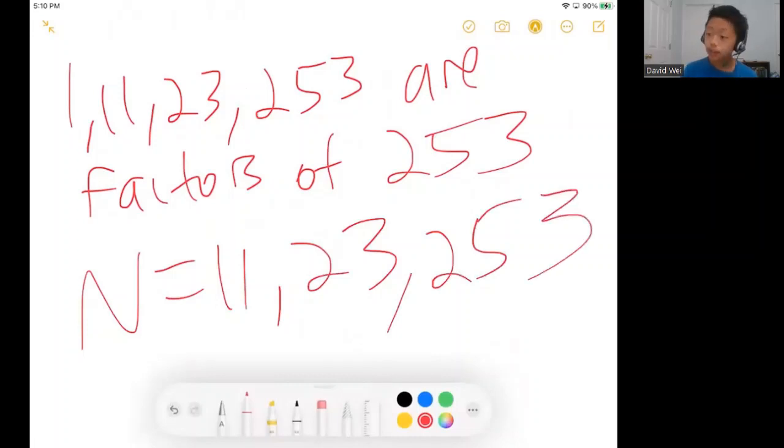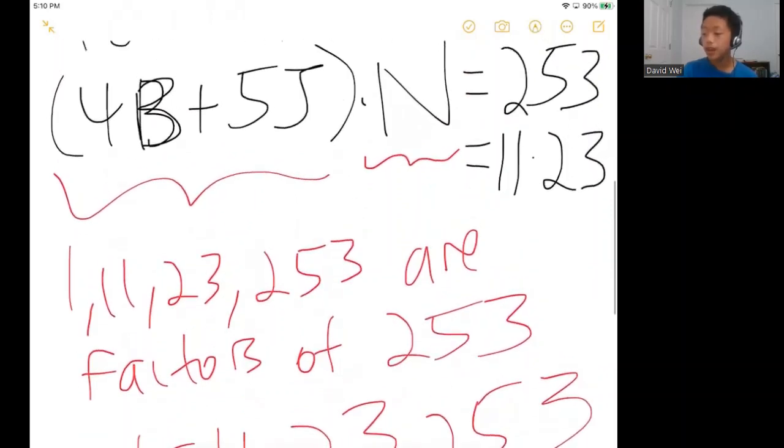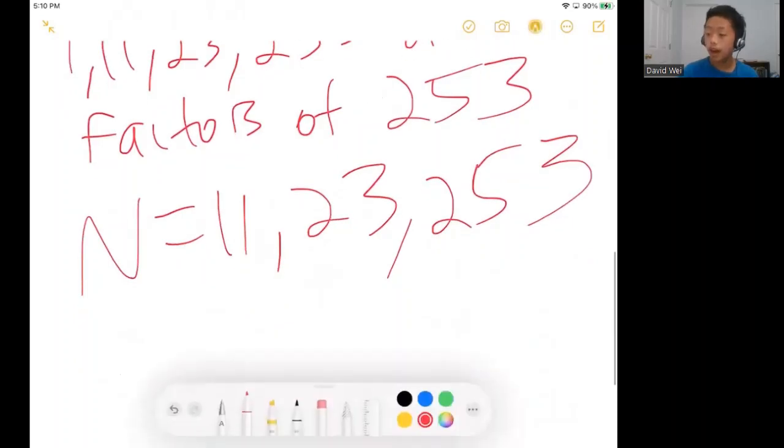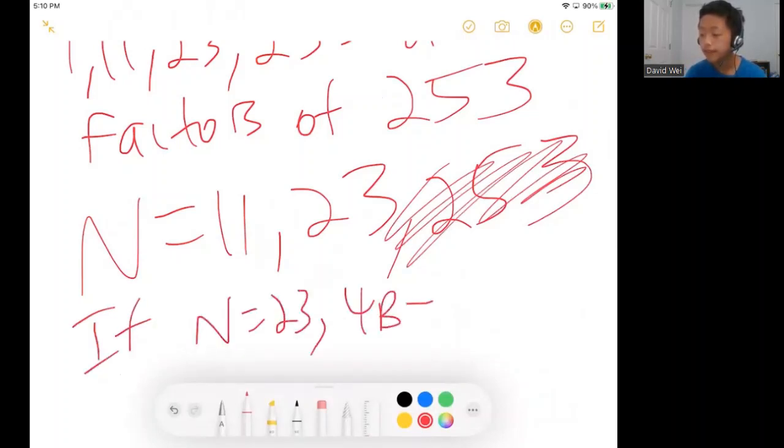First, N can't be 253, because then 4B plus 5J would have to be 1, and there are no positive integer values of B and J that make that work. Now, if N is 23, then 4B plus 5J would have to be 11.